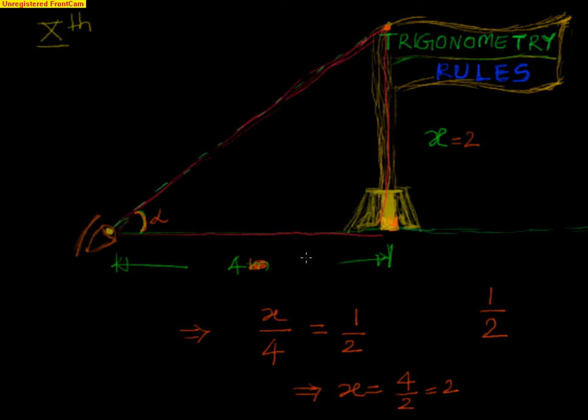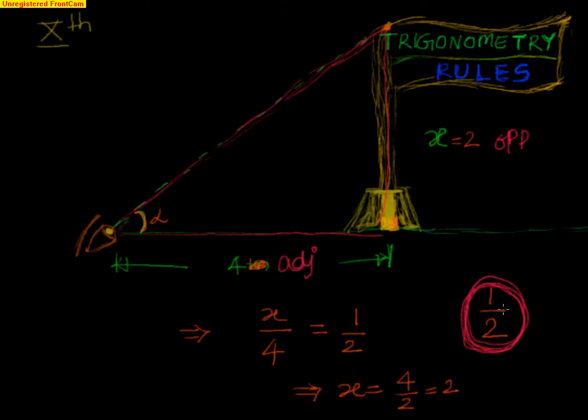Then I come to your rescue and say, don't worry, I use some mathematical calculations called trigonometrical ratios, and by that I can tell you that your opposite distance by your adjacent distance, nothing but your vertical distance by your horizontal distance, is nothing but 1 by 2.